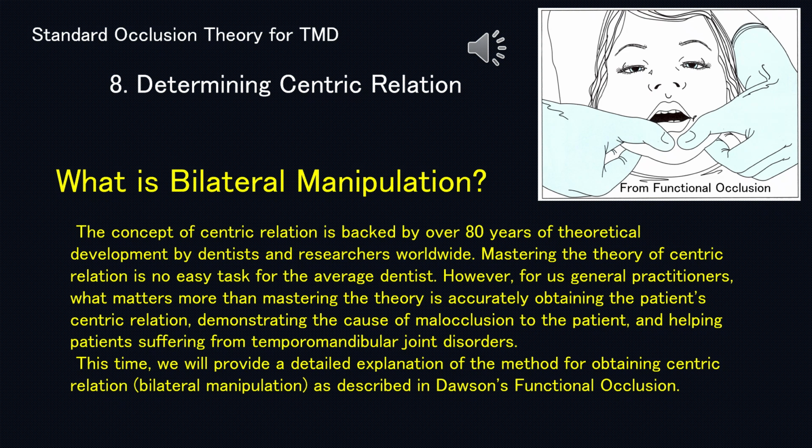However, for us general practitioners, what matters more than mastering the theory is accurately obtaining the patient's centric relation, demonstrating the cause of malocclusion to the patient, and helping patients suffering from temporomandibular joint disorders. This time, we will provide a detailed explanation of the method for obtaining centric relation, bilateral manipulation, as described in Dawson's functional occlusion.